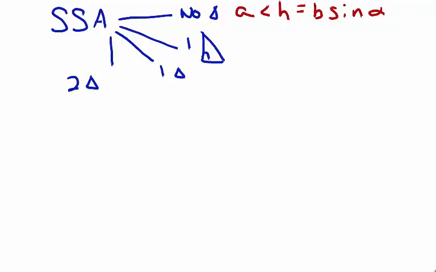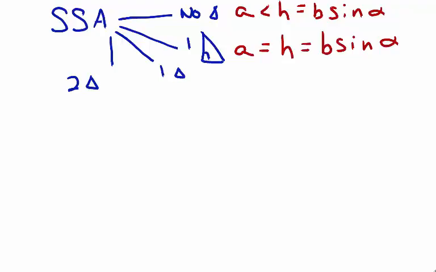If we have one right triangle, then side A is equal to the triangle's height, which is equal to the length of the other side B times sine of some angle alpha.